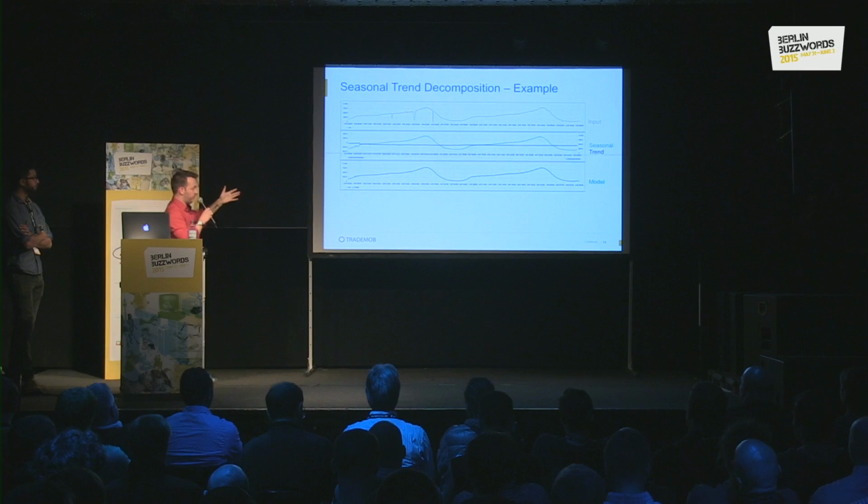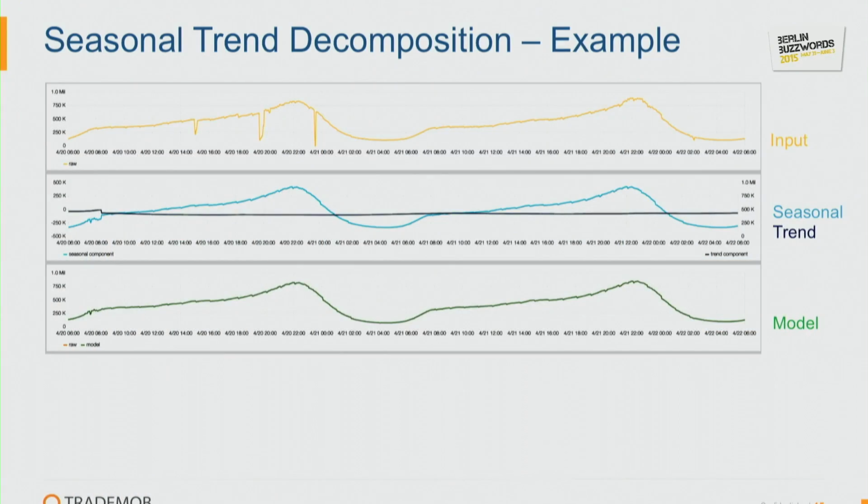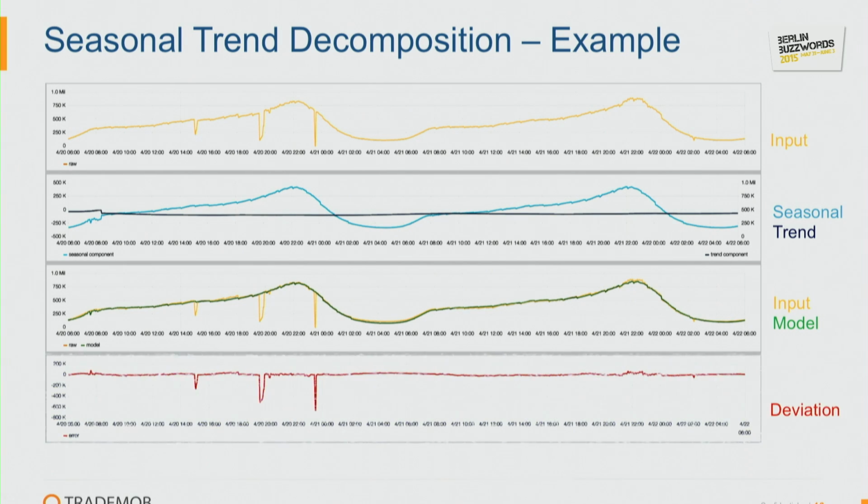So that defines something like the expected state. And if you put this together with the raw input and just take the difference, it's quite obvious that you get the distribution of error or deviation. And in this case, with simple thresholds, you could detect those outages.